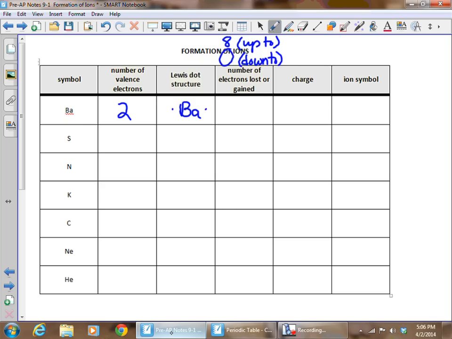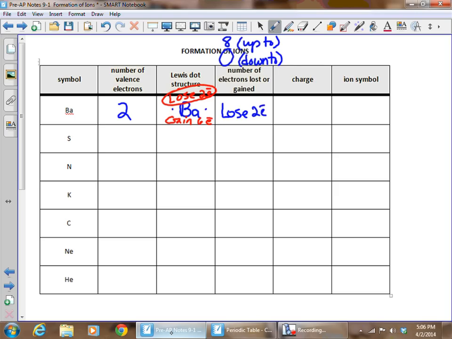So in this case, our 2 choices for barium would be to lose down to 0, which would be to lose 2, or to gain up to 8, which would be to gain 6. And we, again, always go with the least number of electrons involved, so that would be losing 2 electrons.